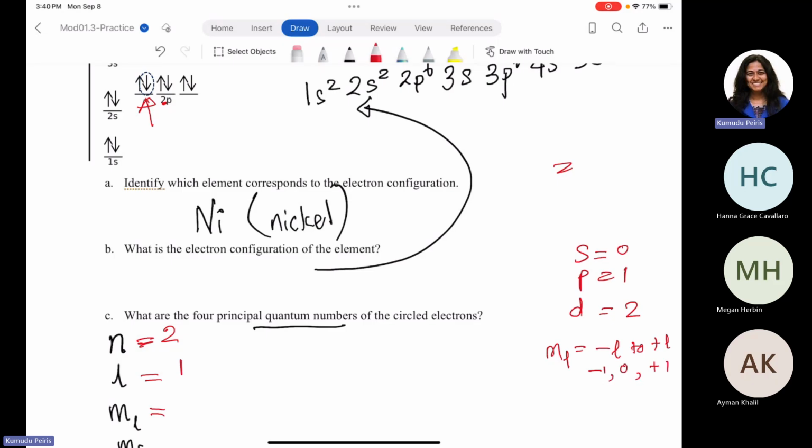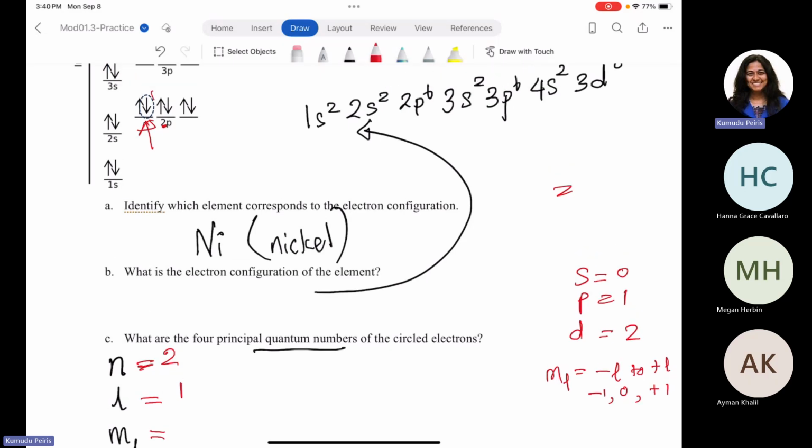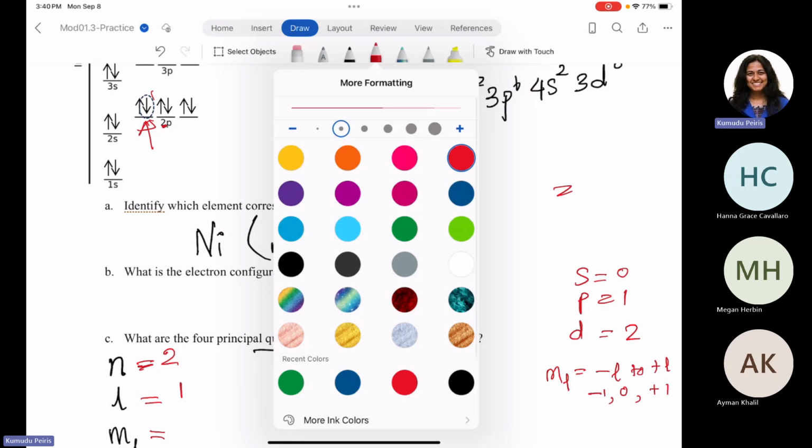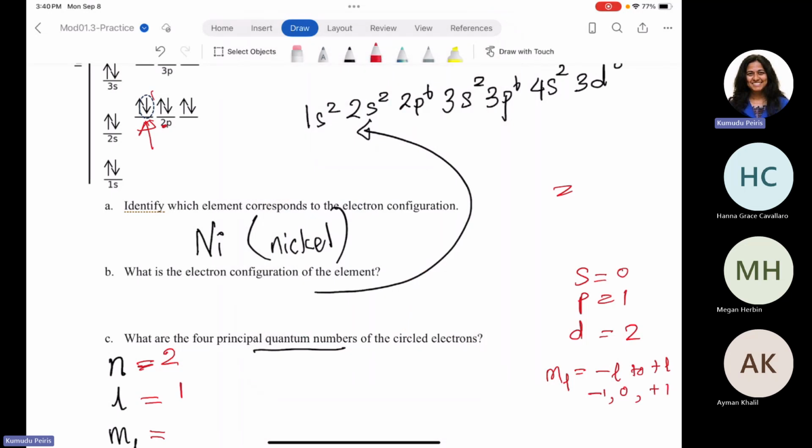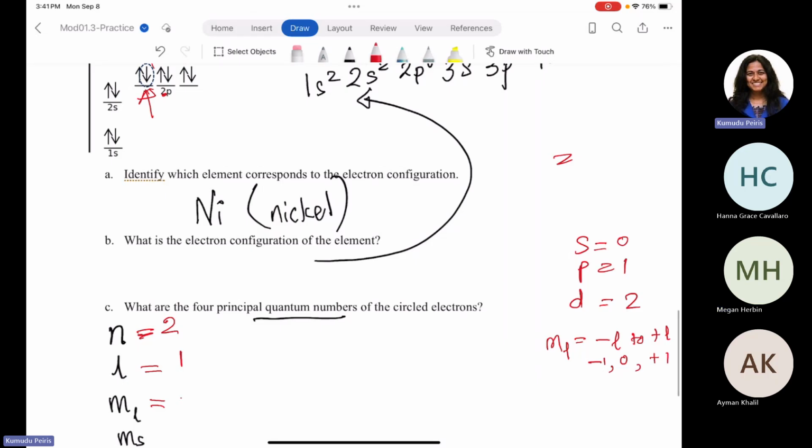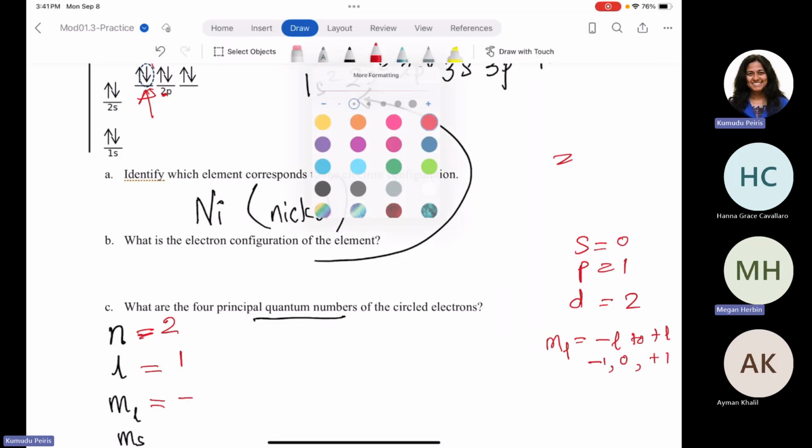So this is the first one. Where is that electron in? It's in the -1.